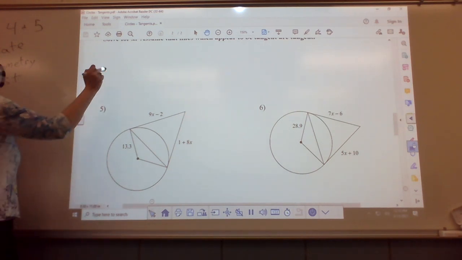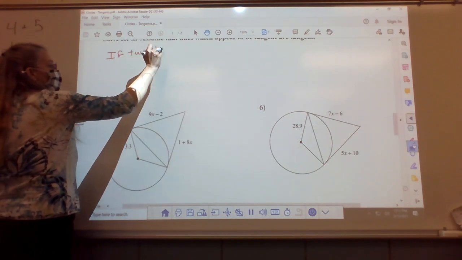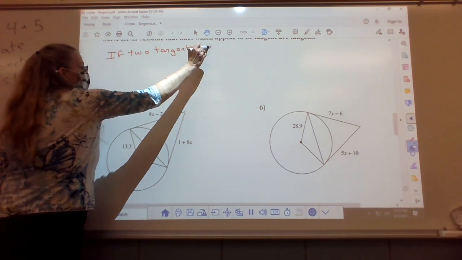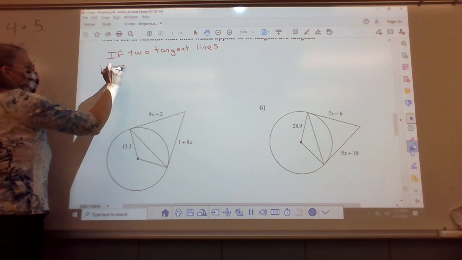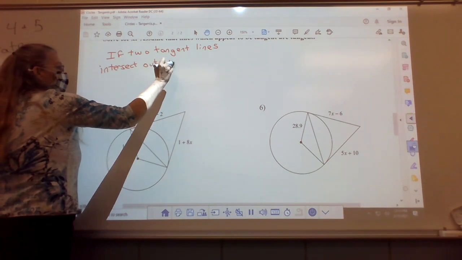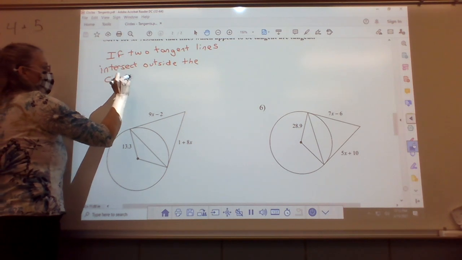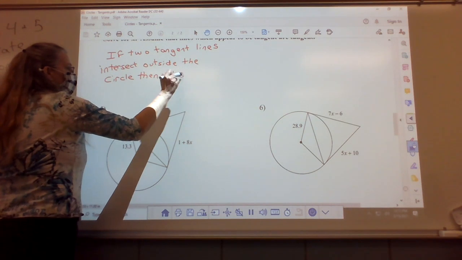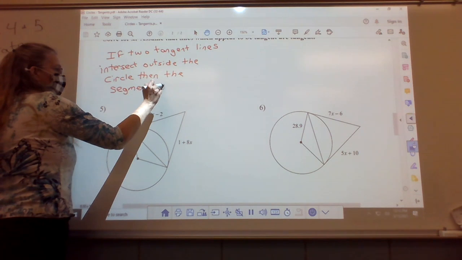My rule is if two tangent lines intersect outside the circle, then the segments are equal.